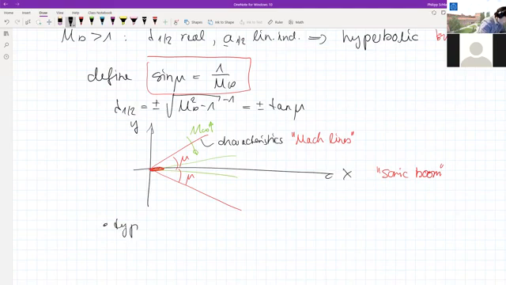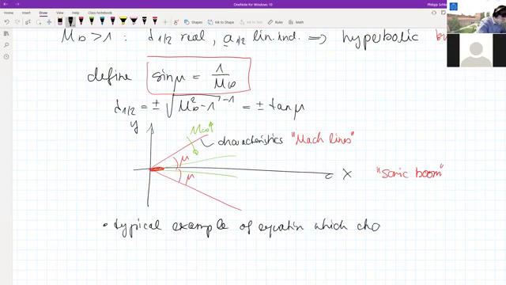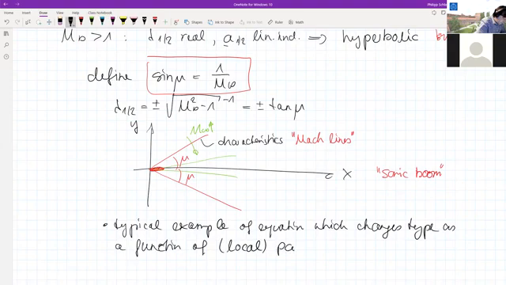So this is a typical example of an equation which changes type as a function of possibly local parameters.